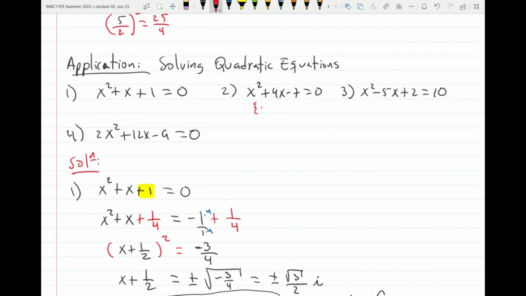Okay, so let me combine: negative 2 plus or minus square root of 11. Yeah. That? Okay. How about number 3? Did you manage to do it? Yes? Plus or minus square root of 17 over 2.